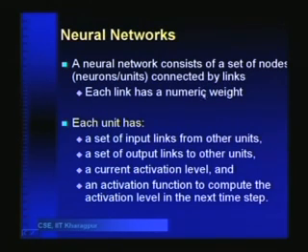Each link has a numeric weight associated with it. Each unit has a set of input links from other units, and a set of output links which go into other units. It has a current activation level, which I will define shortly, and an activation function to compute the activation level in the next time step.